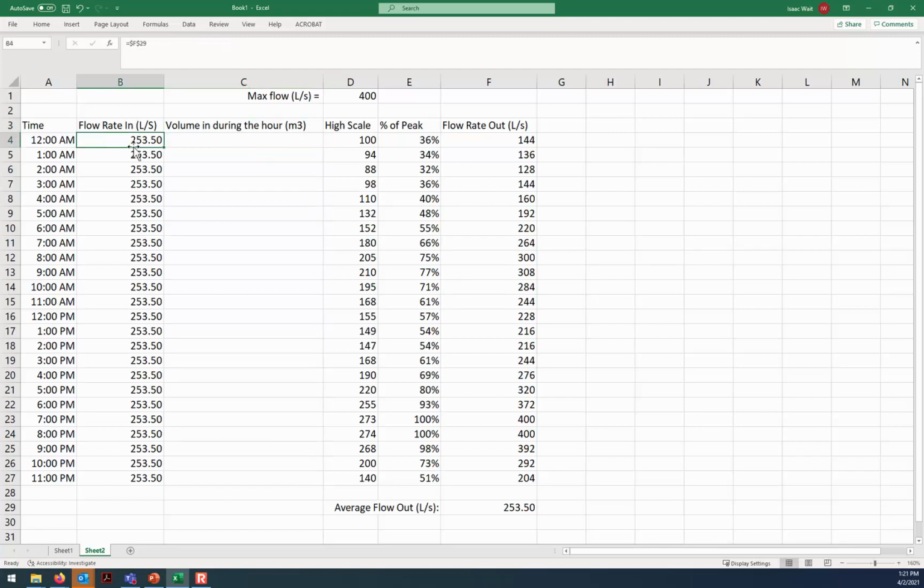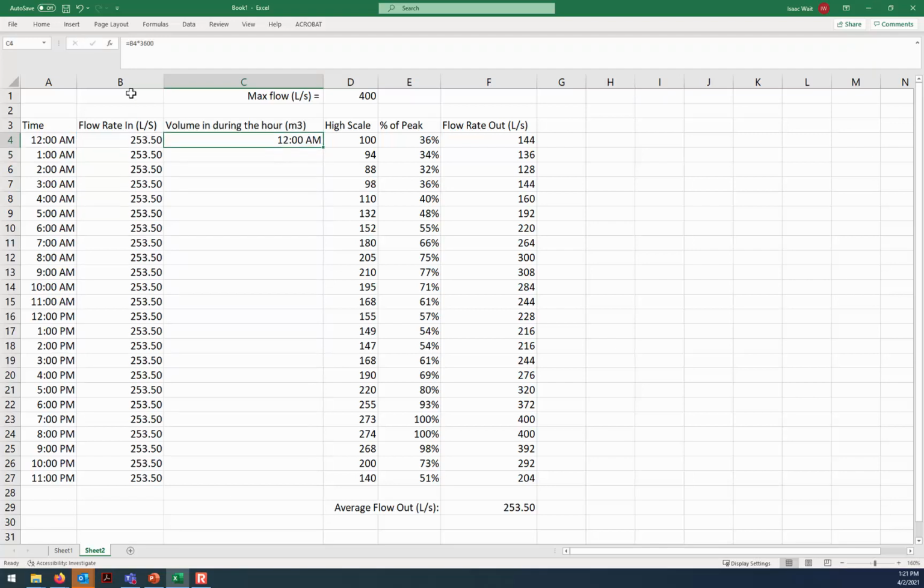So if it's 253.5 liters per second that's coming into the tank, anybody know how many seconds there are in an hour? Type it into the chat box if you do. It'll prove that this is an interactive class. There it goes. Harrison's got it. Isaiah's got it. 3,600. Good. So the volume in during the hour is going to be the flow rate multiplied by 3,600.